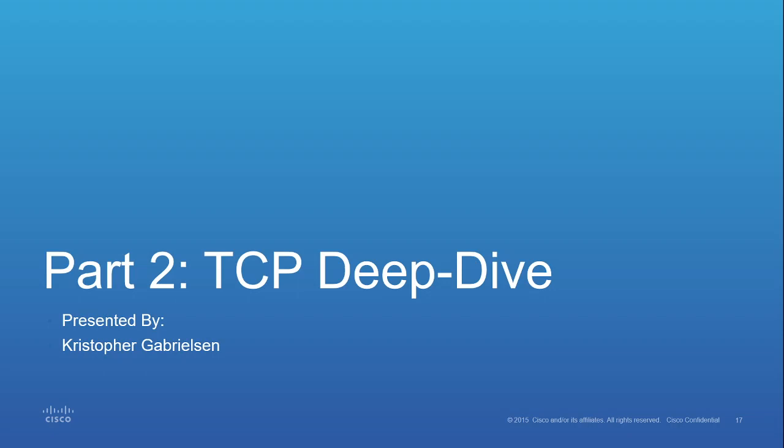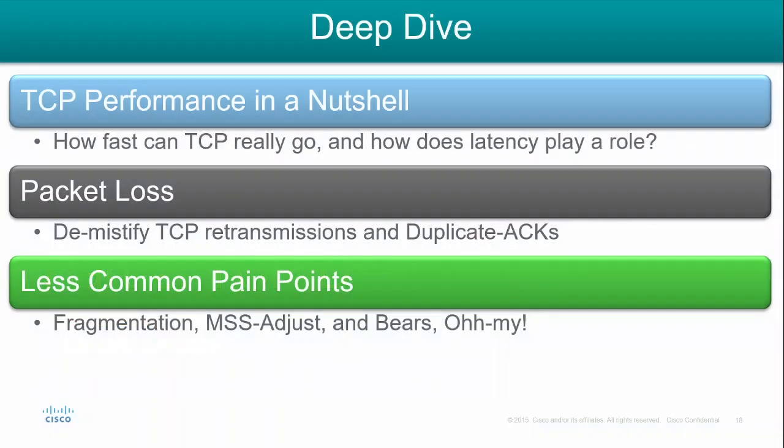Now, the way we're going to accomplish that is through three major sections. To start, we're going to look at TCP performance in a nutshell. Essentially, what is the maximum speed of any individual TCP socket based on the values that get negotiated in the three-way handshake, which we learned about in the previous section.